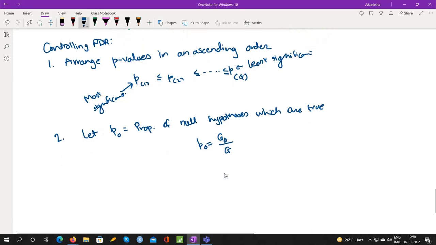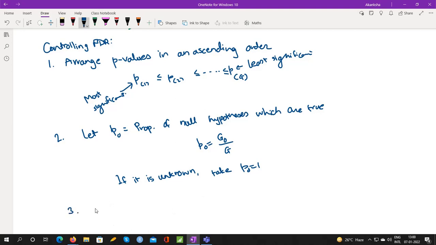If it is unknown, we take a conservative approach and take p naught to be 1. Why is this a conservative approach? If we are taking p naught to be 1, we are assuming that G naught is almost G, so all the null hypotheses are actually true. So whatever rejections there are, all are false rejections. So this is the most conservative approach.